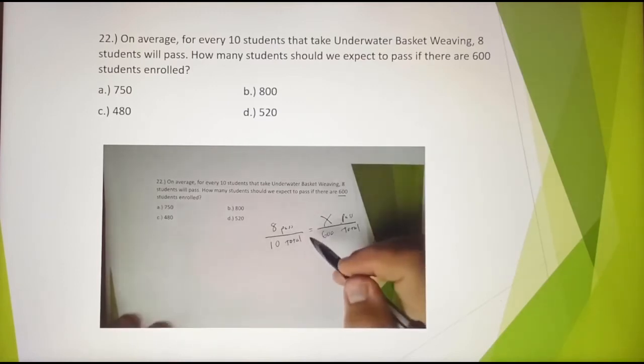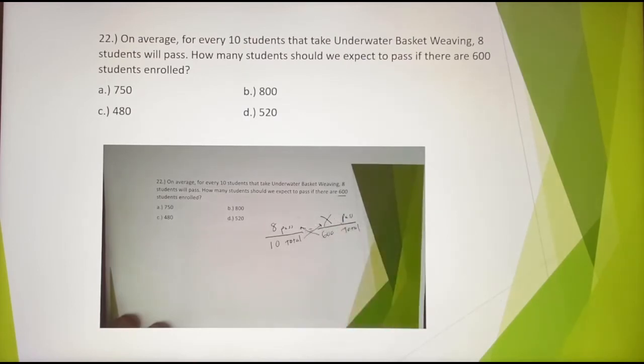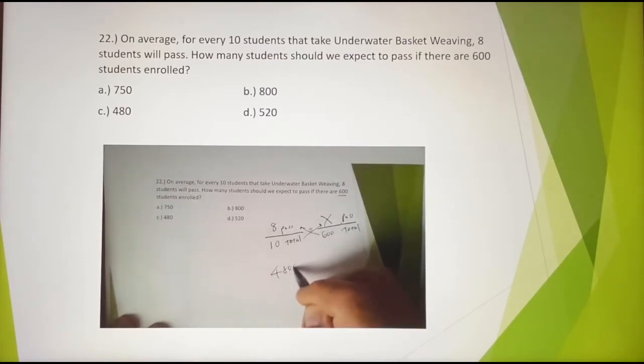Since we have a fraction on the left side and a fraction on the right side, we're going to cross multiply. So on one side, we have 600 times 8, that's 4,800.